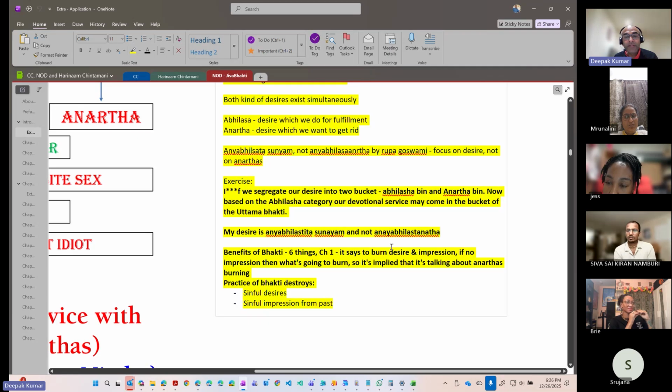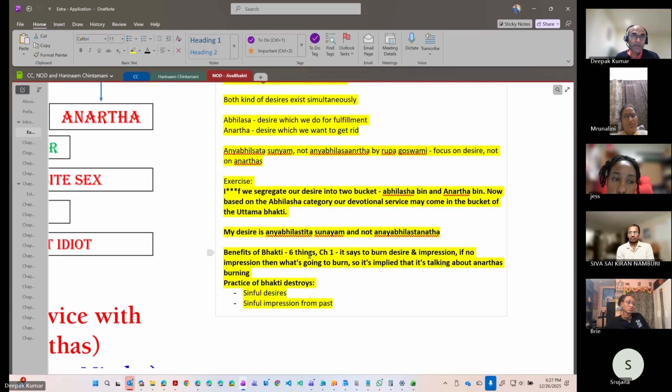So my desire is anyābhilāṣitā-śūnyaṁ, not anyābhilāṣitā-anartha. The definition is anyābhilāṣitā-śūnyaṁ. It is not saying anyābhilāṣitā-anartha. So from there, we can say that there is an acknowledgement that we all have anartha in us.